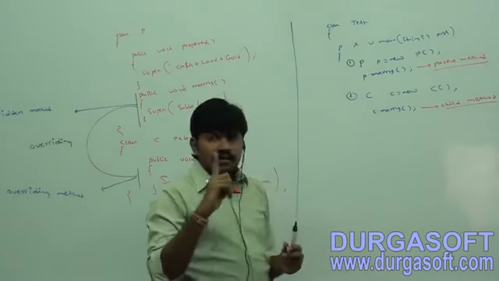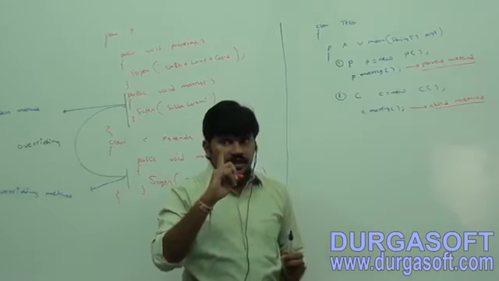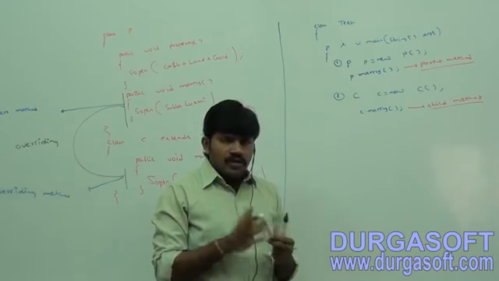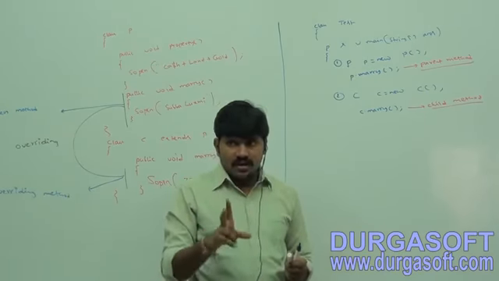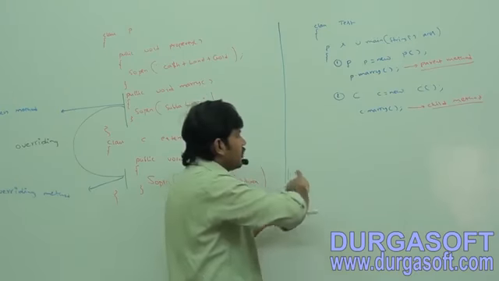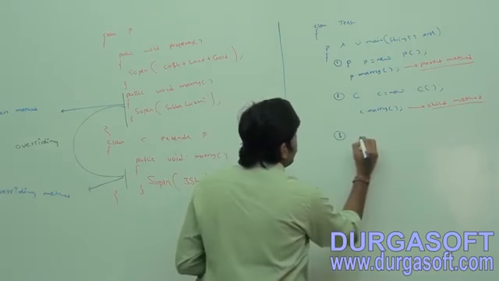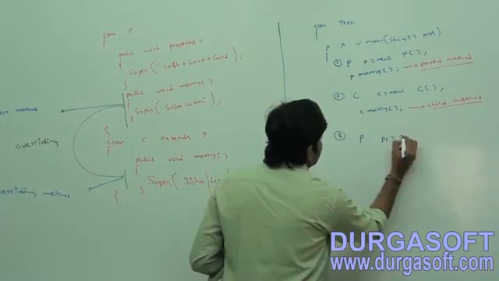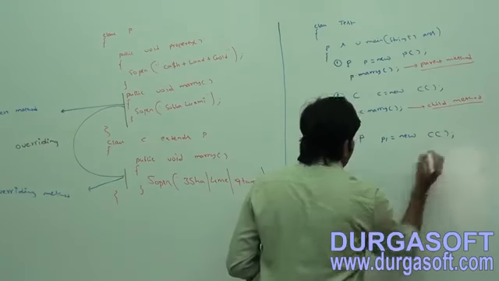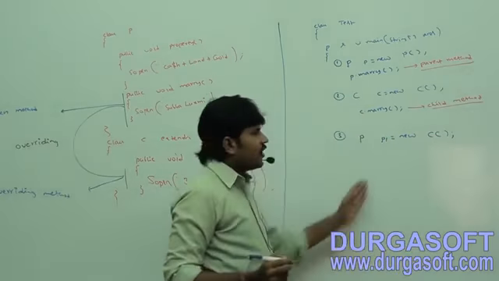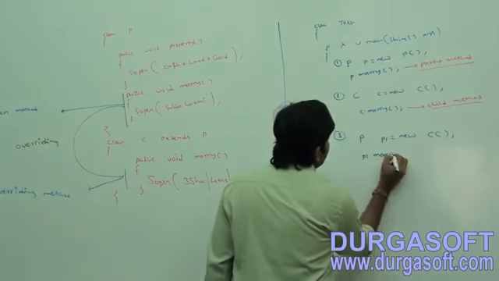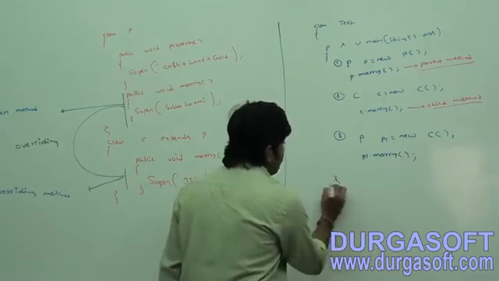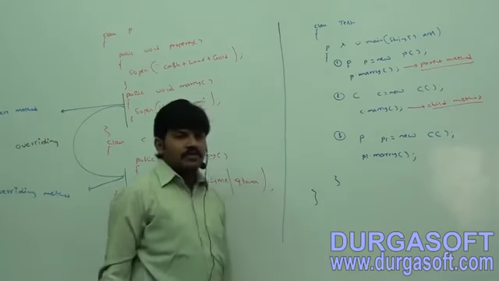Okay. The third one is a bit dangerous. Take special care. What is the compiler's role, what is the JVM's role, you have to decide clearly. Third case, observe very carefully. Parent reference can be used to hold a child object or not? P1 dot marry. Now listen to this possibility well, because it is very important.